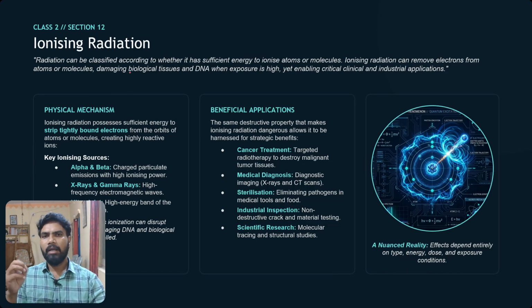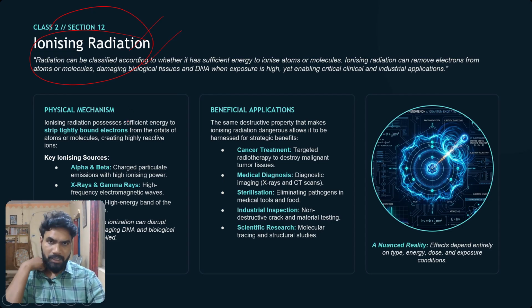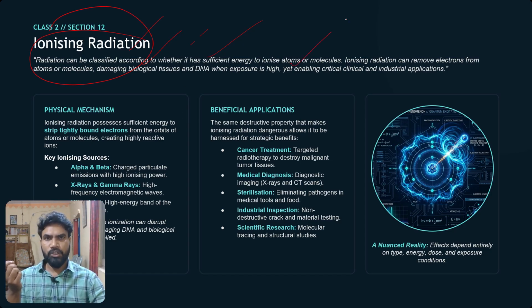Then another concept we will see is ionizing radiation. What is ionizing radiation? Radiation is classified into different types based on whether it has sufficient energy to ionize atoms or molecules.